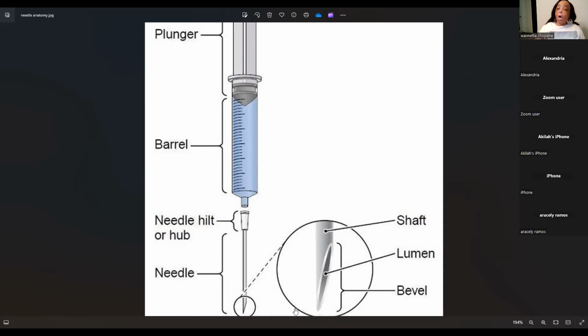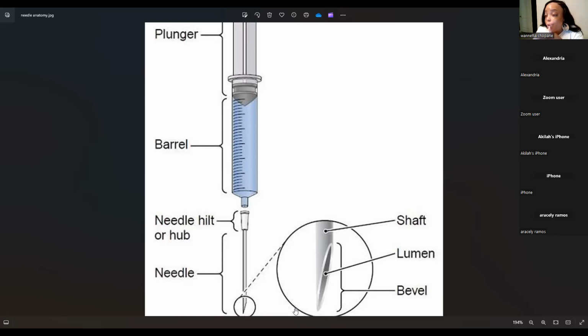So what I need you to know about the shaft is, when we stick the needle into the vein, we're covering the whole bevel. You're not going to be able to see it again because it's in my vein. Then we insert the needle a little bit more to the shaft. So mentally, be prepared to remember that when you insert the needle, once I teach you, we go in steps.